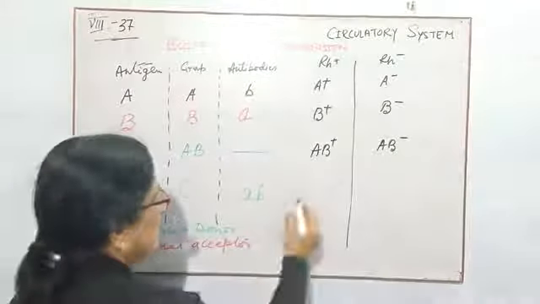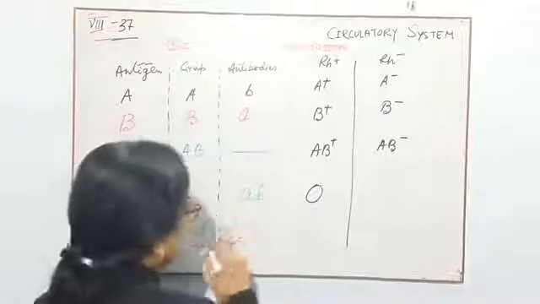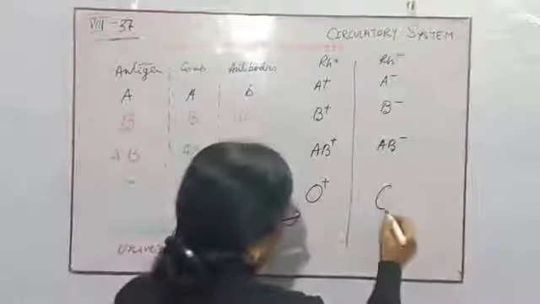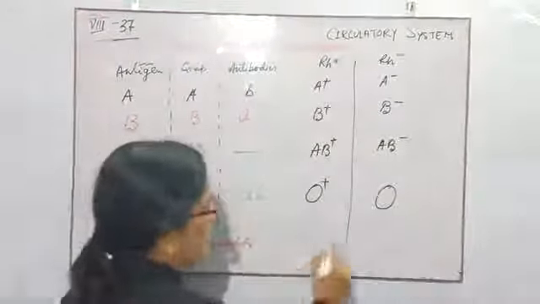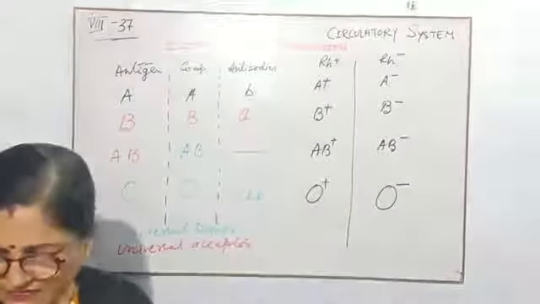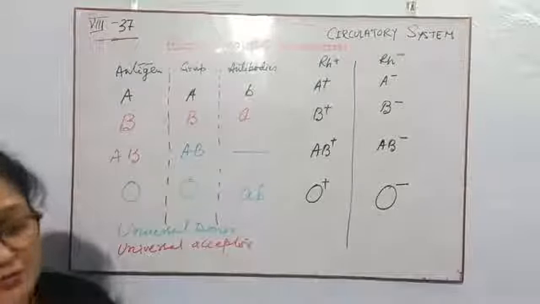And same thing for O. Blood group is O, that means no antigen is there, but Rh factor is there, so O positive. And no antigen is there, blood group O, Rh factor is also not there, then the blood group will be O negative. So these are the 4 blood group system.